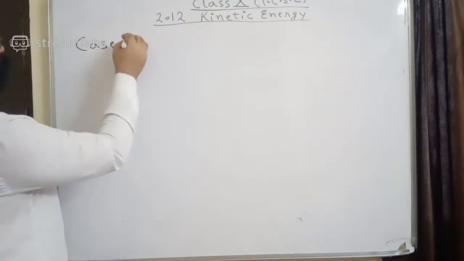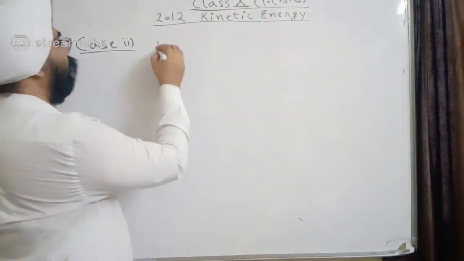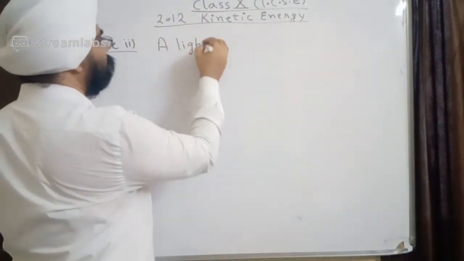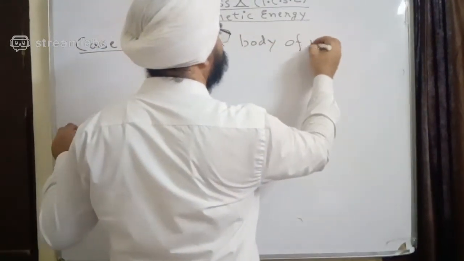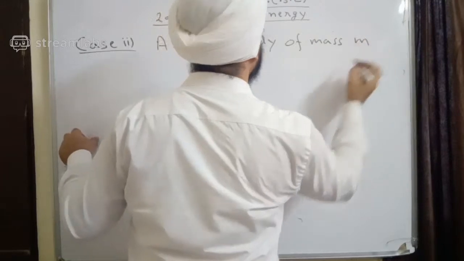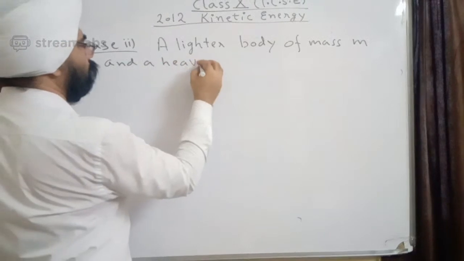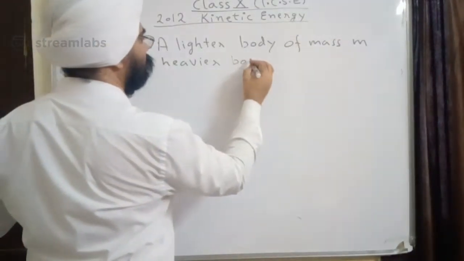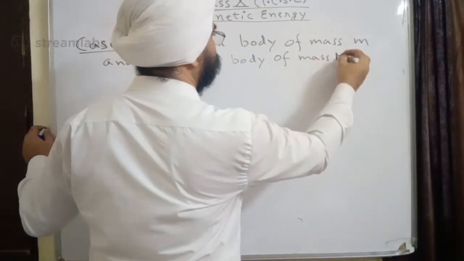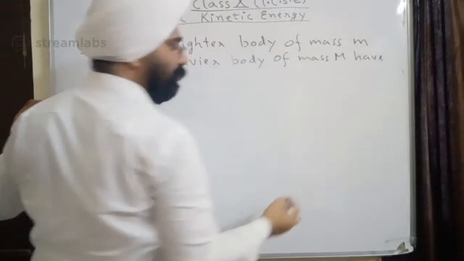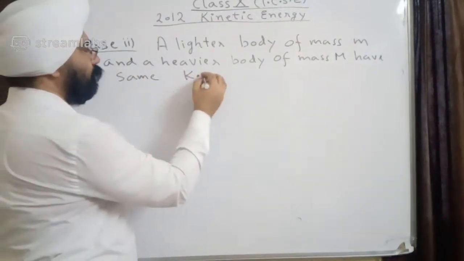Okay, we go to case 2. Now case 2 says that again we have a lighter body of mass m and a heavier body of mass capital M, and this time they have the same kinetic energy.